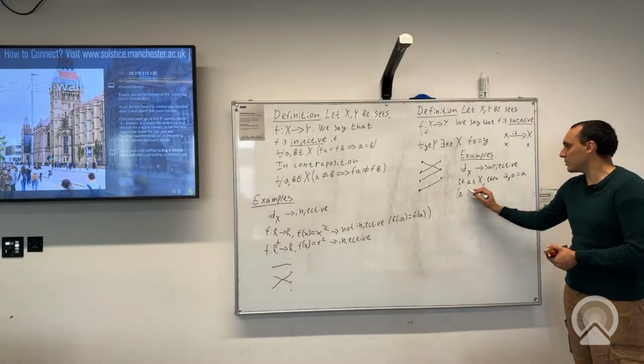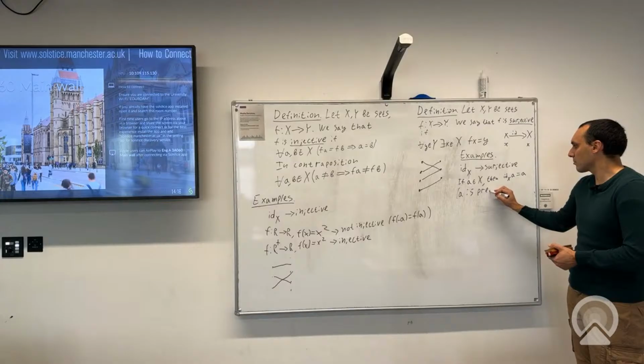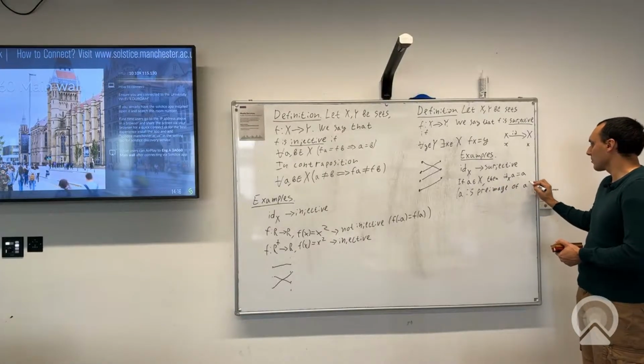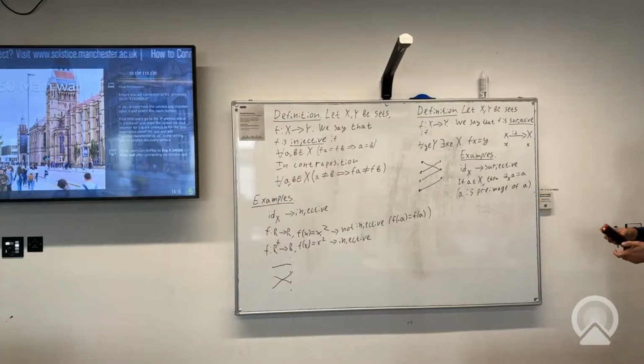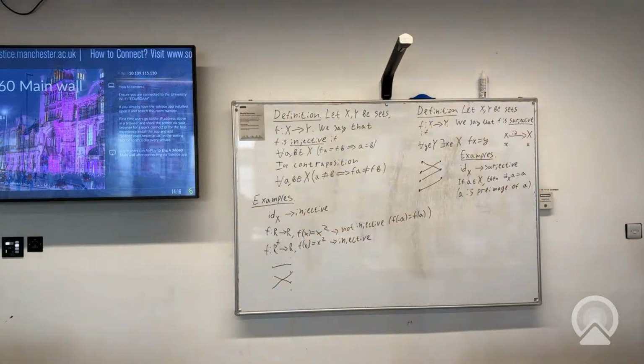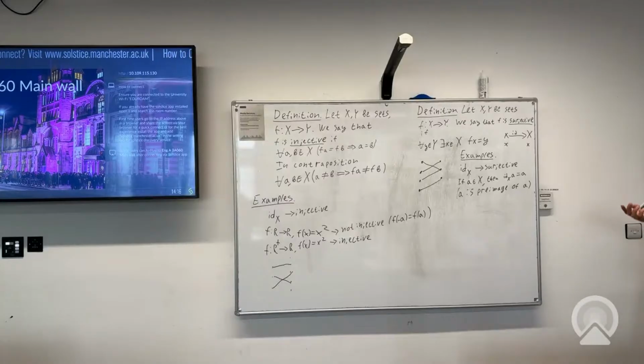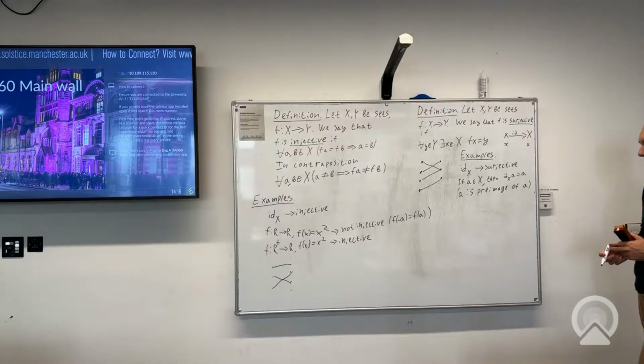We say that a is the pre-image. So identity is always injective and surjective.